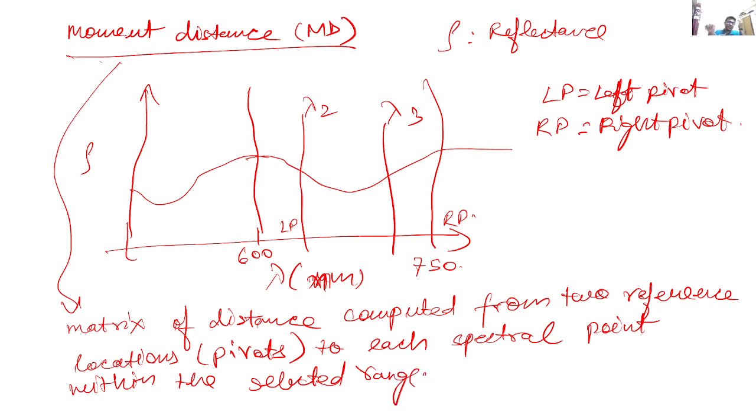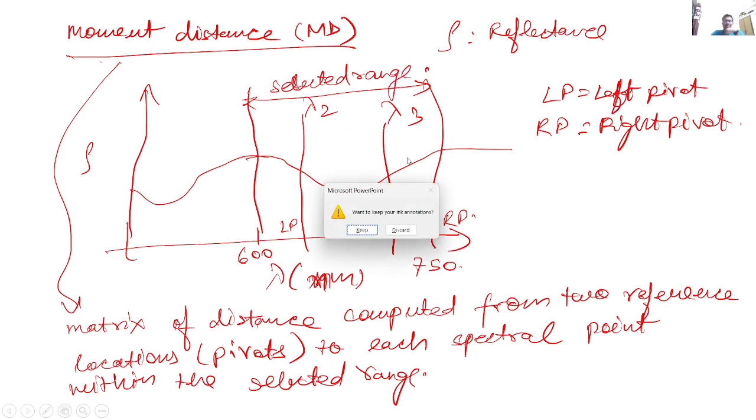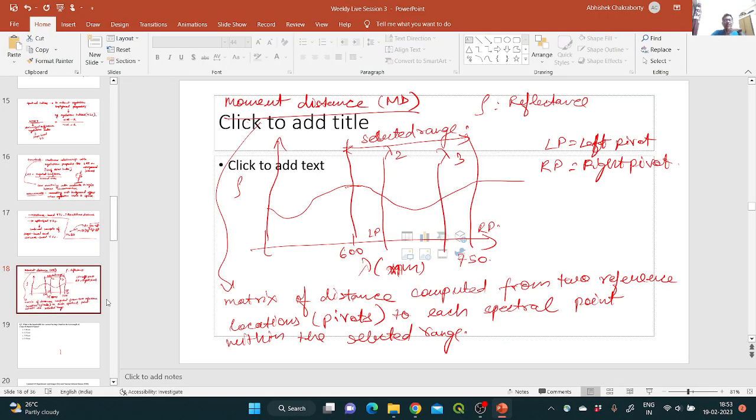So the computations are relatively easy. Let us suppose this is the selected range. We take the moment distance about the left pivot as well as the right pivot.